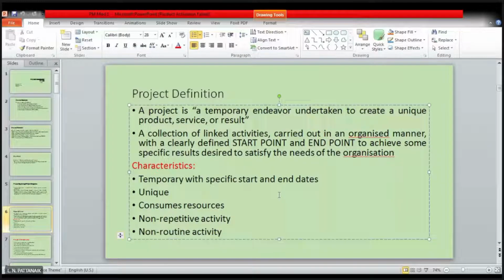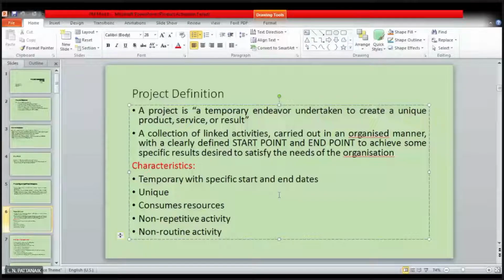A project is a temporary endeavor undertaken to create a unique product, service, or result. Now let us come to these three terms: product, service, or result. This is the interesting part of this project definition.